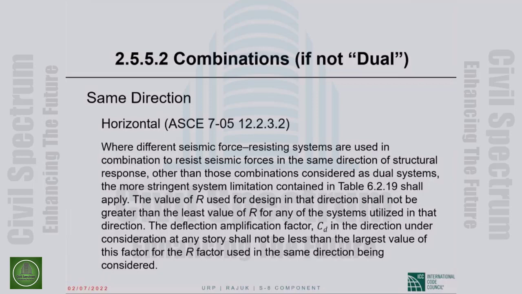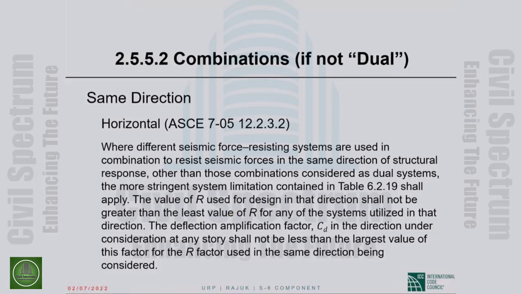So the first is horizontal combination of structural systems in the same horizontal direction, okay, where different seismic force resisting systems are used in combination to resist seismic forces in the same direction, unless it is a dual system. The value of R used for design in that direction shall not be greater than the least value of R of any of the systems utilized in that direction.